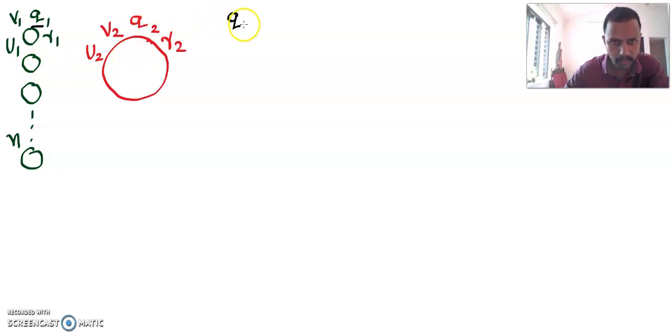I could say the total charge Q2 will be the sum of all the charges of n liquid drops. That means Q1 plus that, n times. That is, I could say Q2 is equal to nQ1. As you know, charge is additive. That is, the total charge of an isolated system is the sum of its individual charges. Therefore, the total charge accumulated on the larger drop will be Q2 is equal to nQ1.